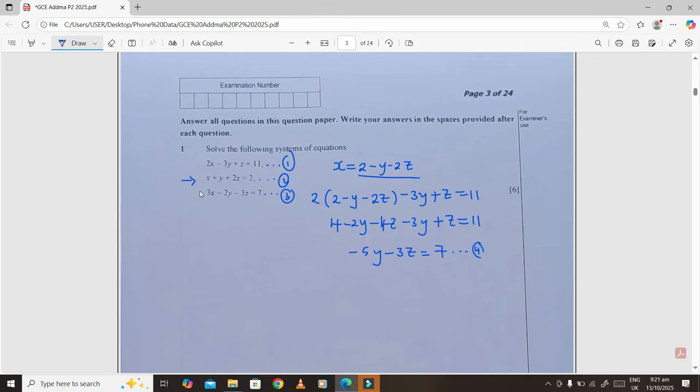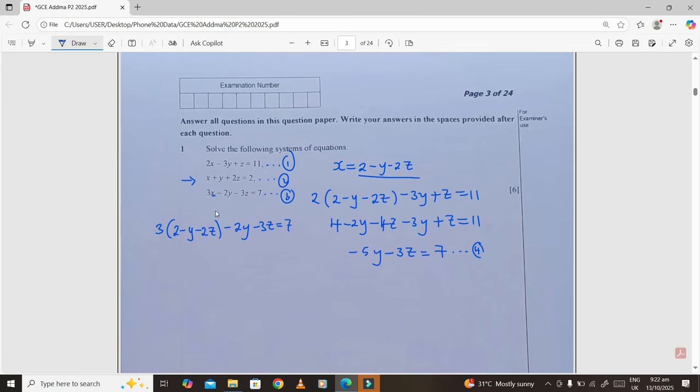Again, we get this equation 3. Where there is x, we substitute this x right here. So it will basically be 3 open bracket 2 minus y minus 2z close bracket minus 2y minus 3z is equal to 7. So I hope you're able to see.